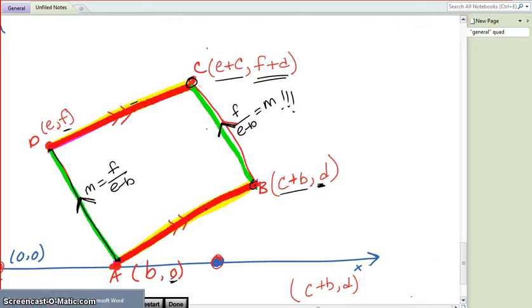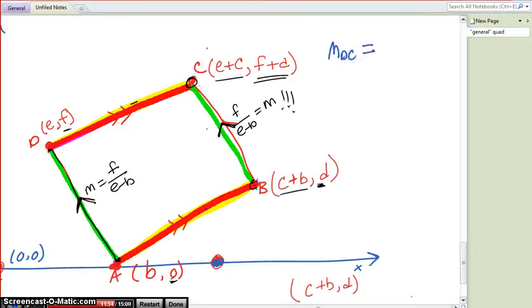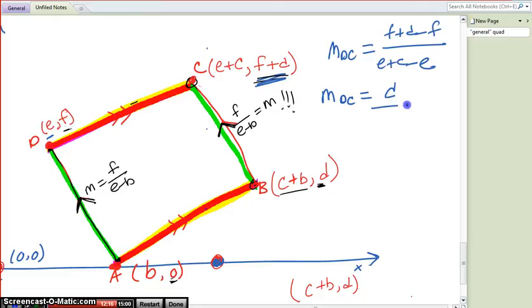Let's find the slope for DC. We need the y value, F plus D, this guy here, minus F over E plus C, this guy here, minus E. The slope for line segment DC is F plus D minus F, well that's D, over E plus C minus E, that's C. So D over C is the slope.